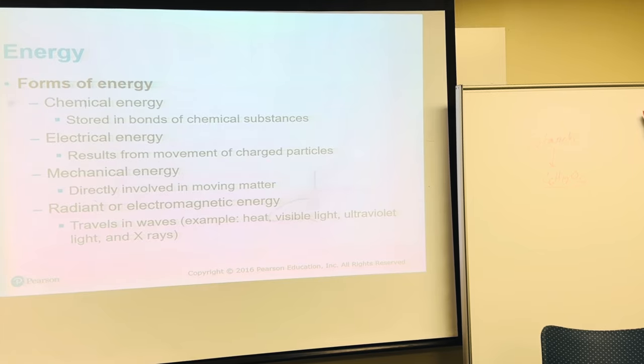And what about the mechanical energy? Everyone came here by a bus or a car or whatever, right? These are all possible by the mechanical energy. And there are radiant and electromagnetic energy, right? Heat, visible light, UV rays, X-rays, right? So there are different forms of energy.